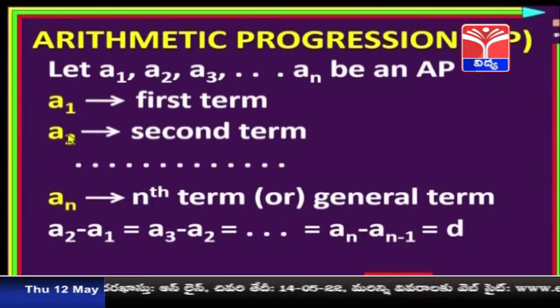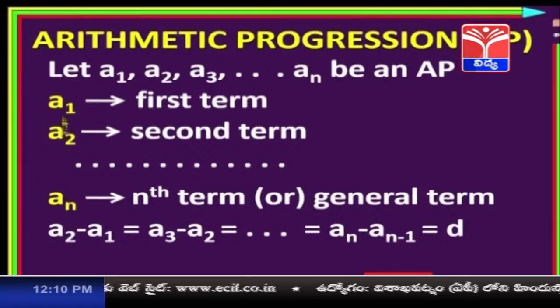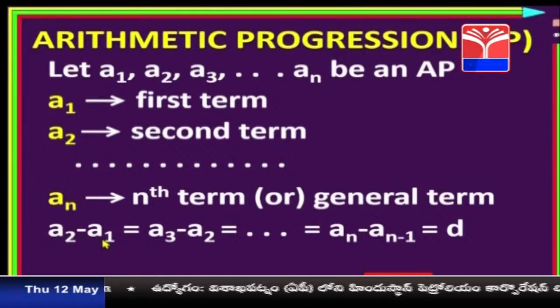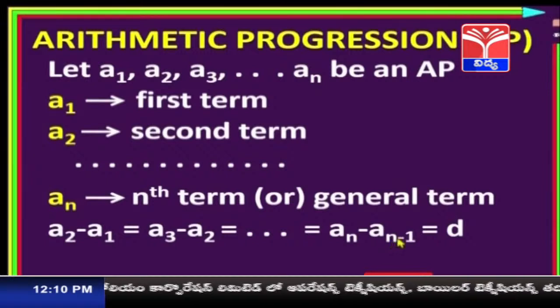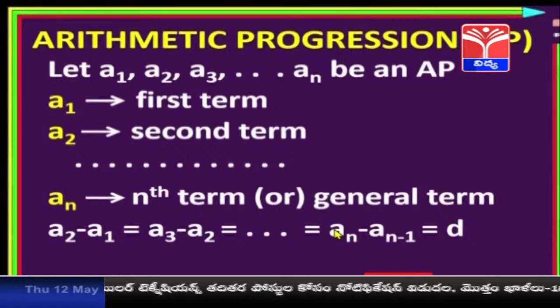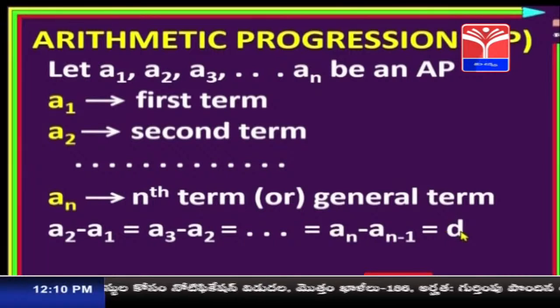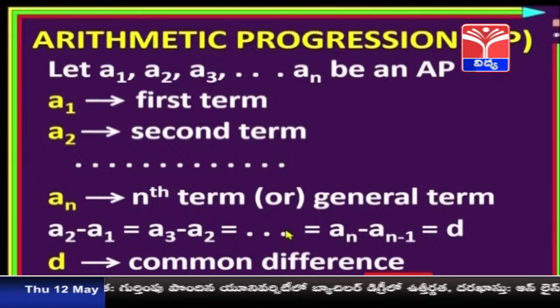If we find the difference between two consecutive terms, that is A2 minus A1, A3 minus A2, and so on, An minus A(n-1), all these differences are the same, and that common difference is denoted by D. This D is called the common difference of the arithmetic progression.